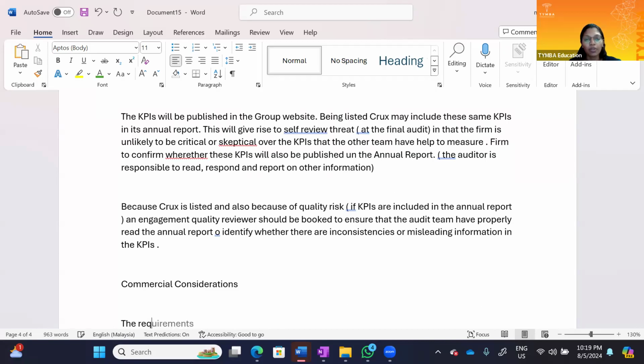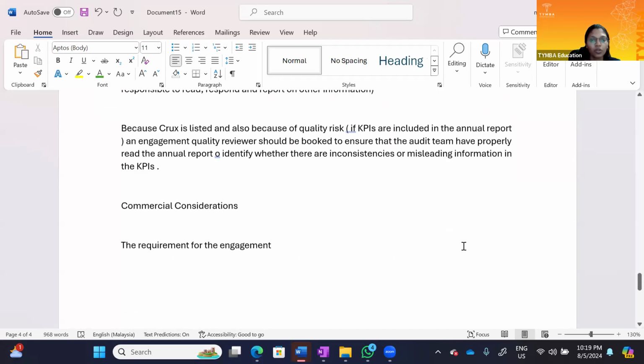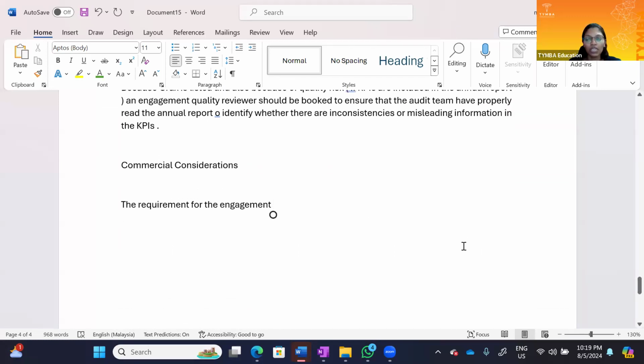So the requirement for the engagement is because Crooks is subjected to industry regulation, and that is why there are KPIs.